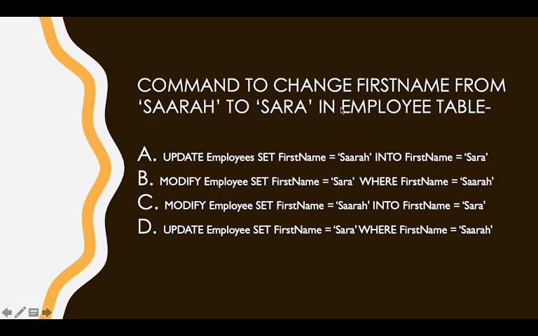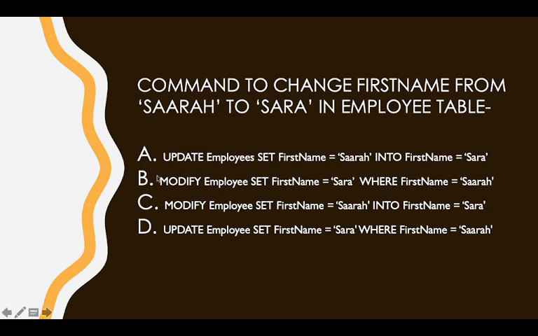The name of our table is employee and not employees. This will throw an error. Also, you are saying set first name Sarah into first name Sarah. This is not how you use the into command. Let us come to the next options.